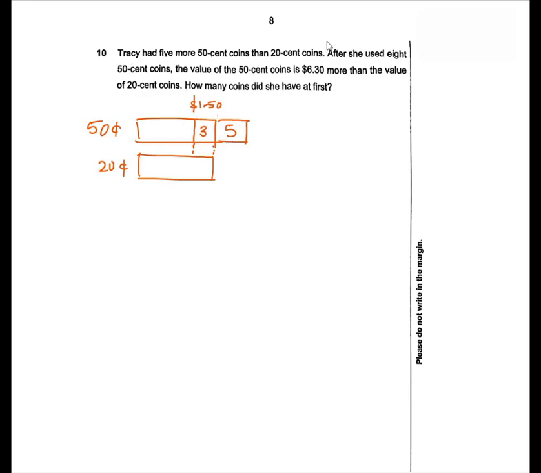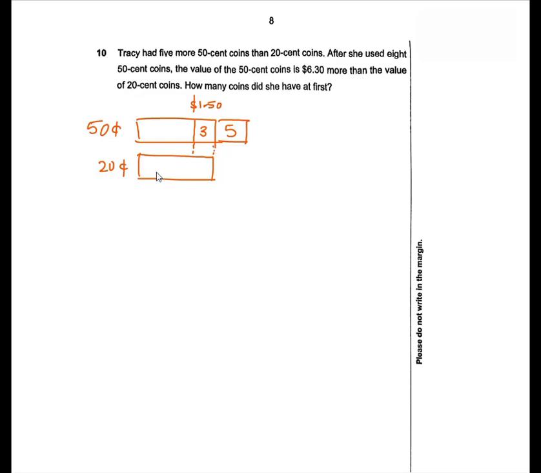Now after she used 8 50-cent coins, the value of the 50-cent coins is $6.30 more than the value of the 20-cent coins. So the value of this, whatever number of coins, is $6.30 more than the 20-cent coins.